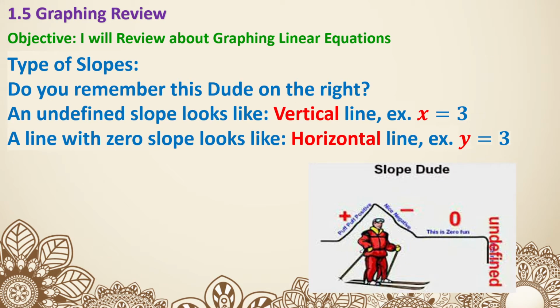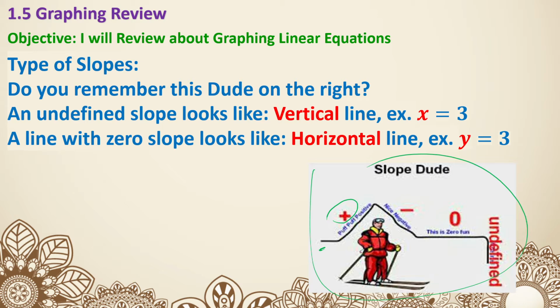Next, types of slopes. Do you remember this dude on the right? Well, right here, slope dude. If you don't remember, you can look up the video called Slope Dude. Basically, this dude is going skiing, and he's skiing from the left side to the right side. When he's going uphill, he says puff, puff, positive, which tells you it's a positive slope.